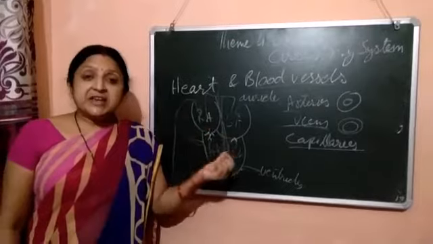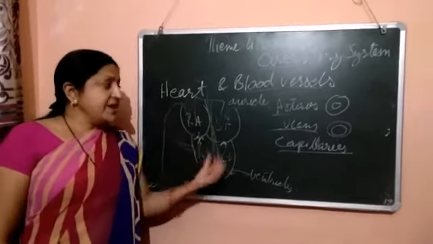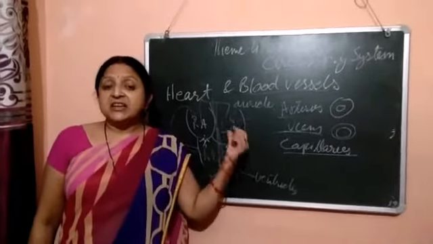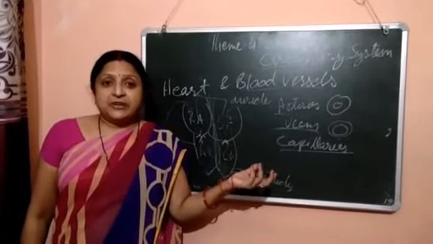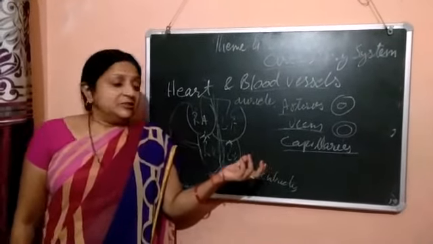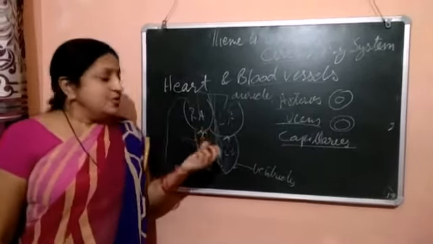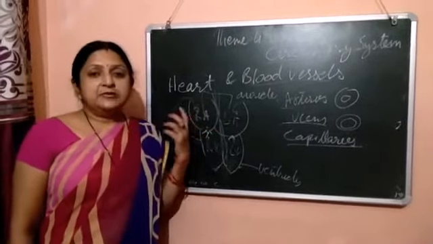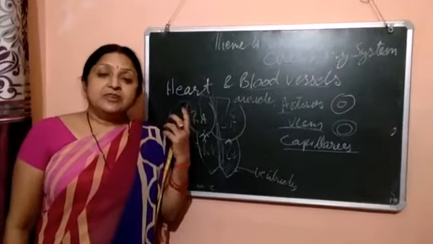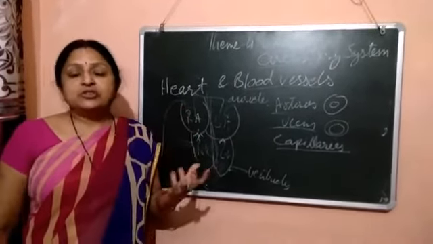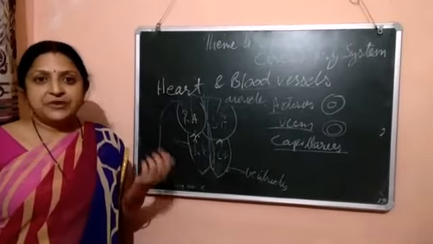So make it very clear that pulmonary artery and pulmonary vein work against their names. They are the exception among arteries and veins. So make it very clear while studying which type of blood flows through the pulmonary artery and pulmonary vein.